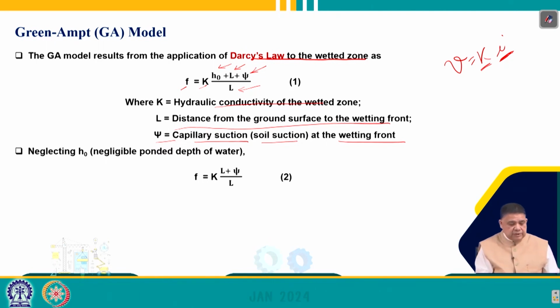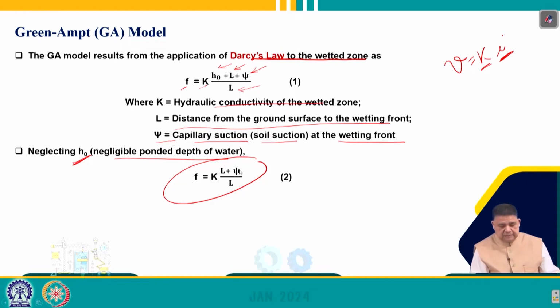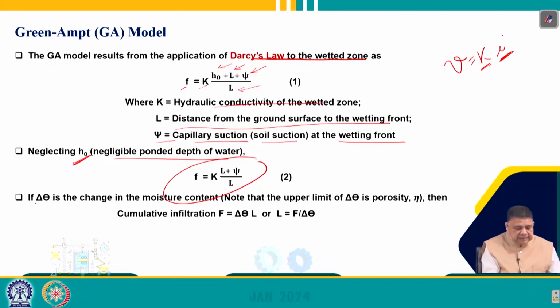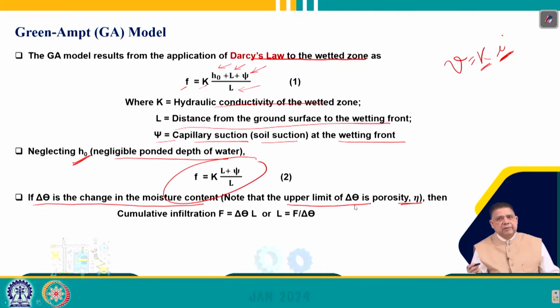Now, we also said that this ponded depth of water is negligible. So, neglecting H0, this equation can be written in this form, f equals K (L plus psi) by L. Now, delta theta is the change in the moisture content which we saw, and we also said that the porosity of the soil is eta, that means the upper limit of the soil; this delta theta is eta when soil is completely saturated, then the moisture content will be equal to porosity.